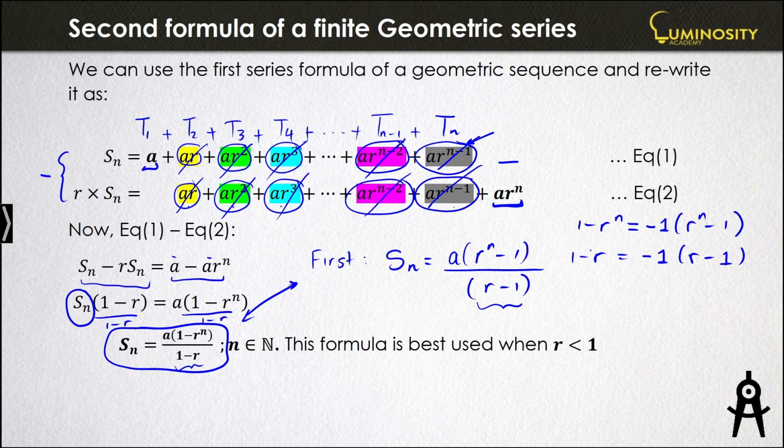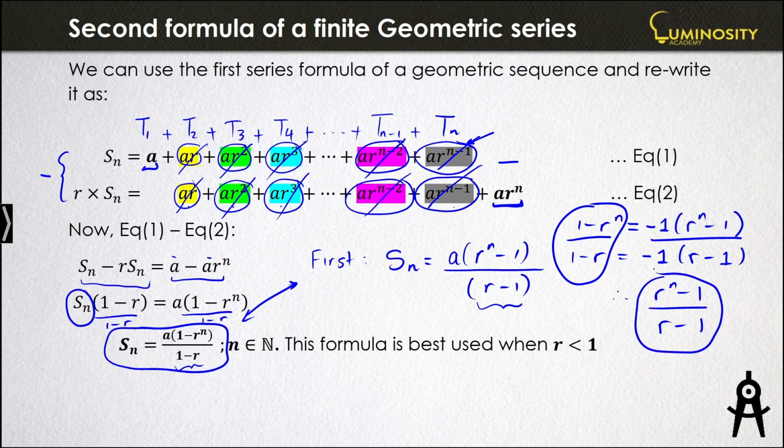So when you divide 1 minus r to the n over 1 minus r, it's the same thing, but negative 1 divided by negative 1 is positive 1, and you're left with r to the n minus 1 over r minus 1. So it shows that this expression, used in the second formula, is exactly the same as this first expression used in the first formula.